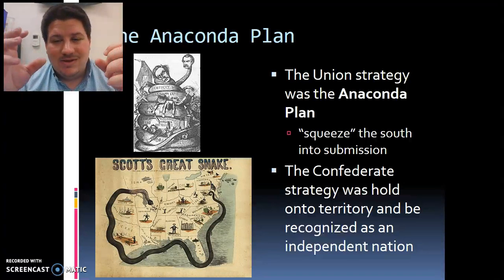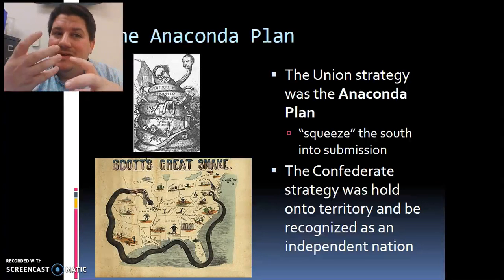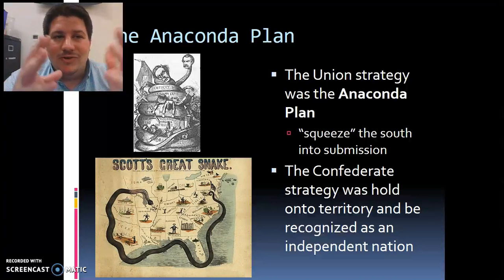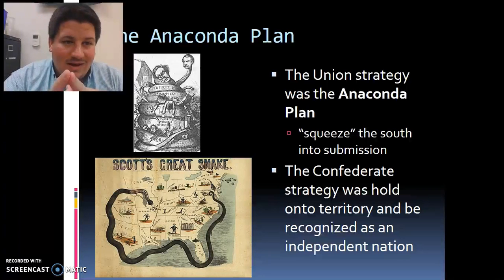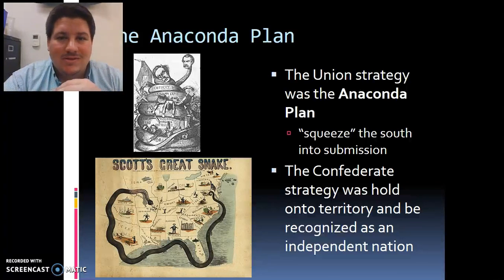It's a draw because the python successfully strangled the alligator and swallowed the alligator, but the alligator was so large it caused the python to explode. So they both are dead. But you can look that up, and that gives you an idea of how severe the problem is of Burmese pythons in South Florida.